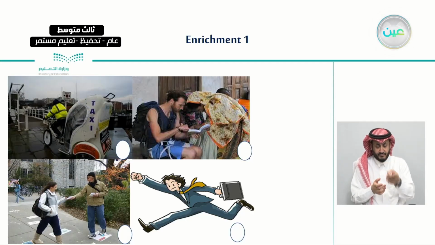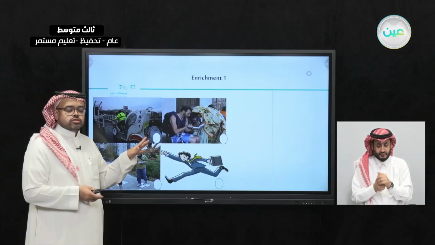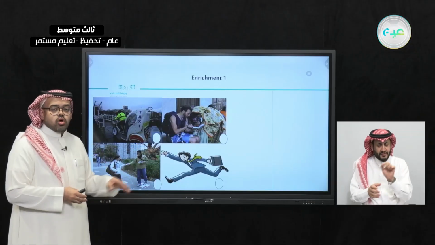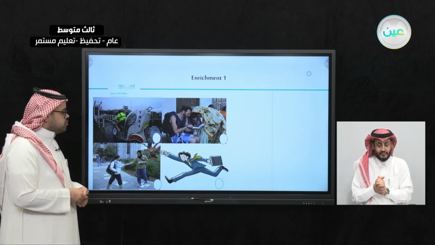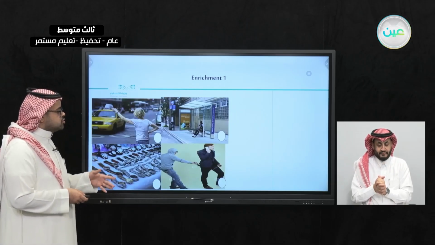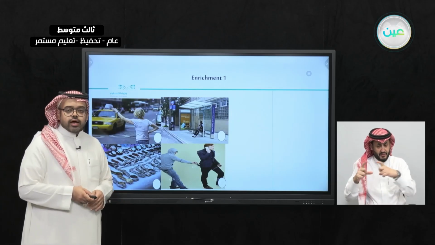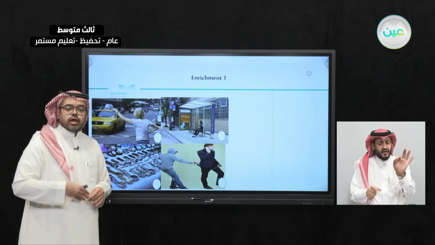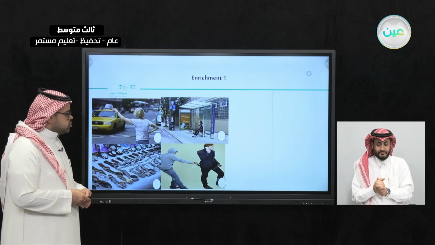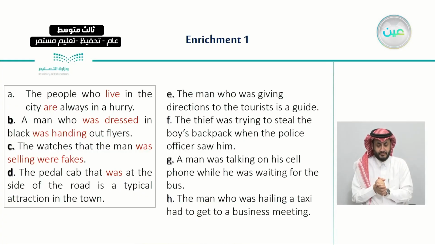I have photos of different people similar to this, as you can see in your books, and I asked you to choose the appropriate description for each of these pictures. We have 8 pictures, and each one of them has its own description.